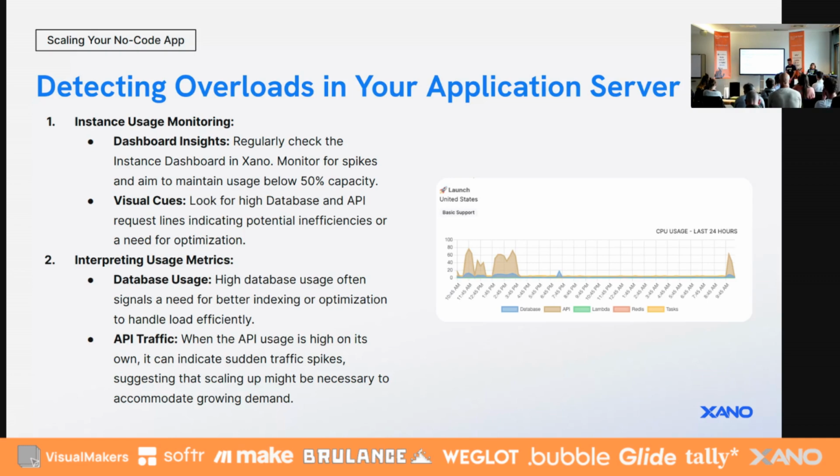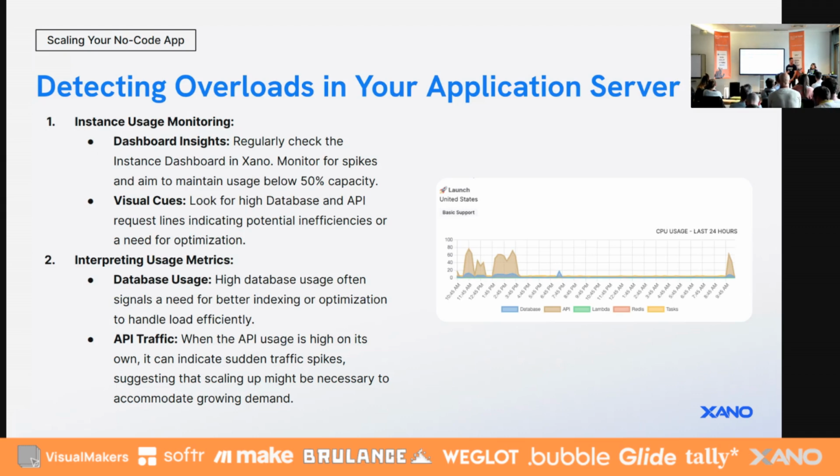Ideally, you want to keep the server's capacity below 50%. We say this number because that ensures that you have sufficient overhead to handle any unexpected surges in demand without impacting your users' experience, right? Next up, let's talk about some visual cues that you can look at when looking at this graph.